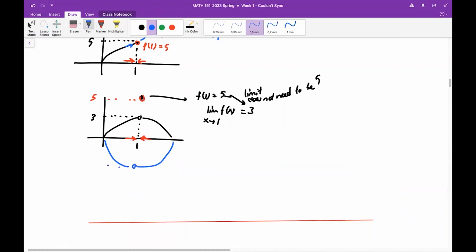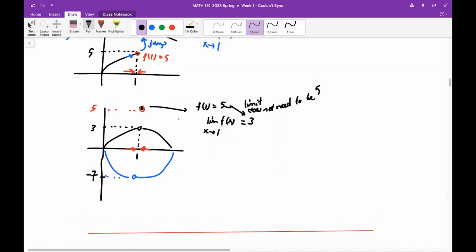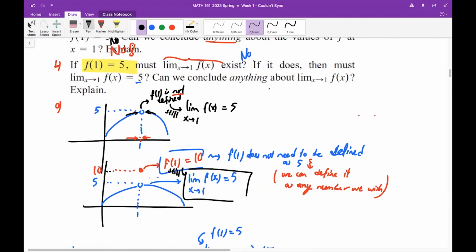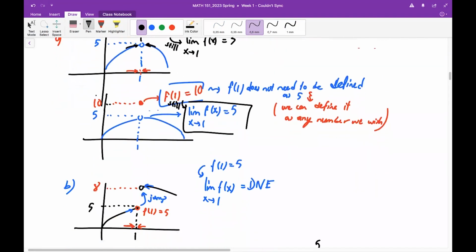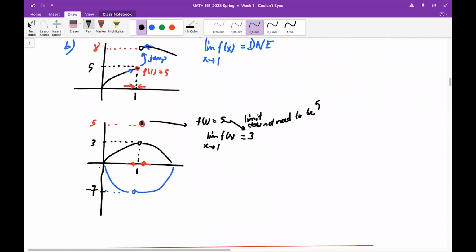Or I can define it like this so that it is now -7. Why not, right? So can we conclude anything about the limit? What do you say? As I told you, we can force the limit to be any real value by playing with the graph like this. So we cannot conclude anything about the limit.